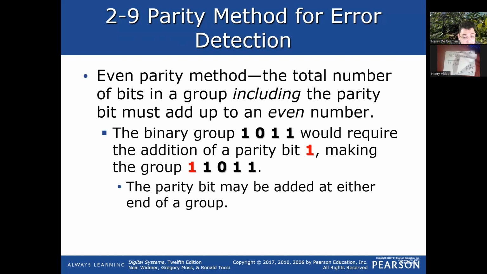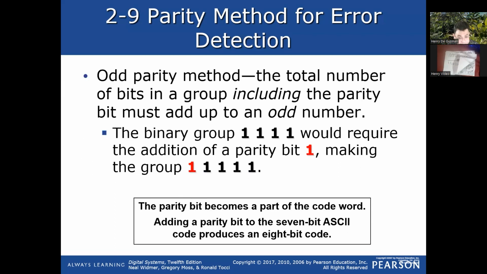So let's say the binary group 1011 would require the addition of a parity bit na 1, making the group 11011. So yung 1 na yun na color red is the parity bit. So the parity bit may be added at either end of a group. Yung end naman ng group.